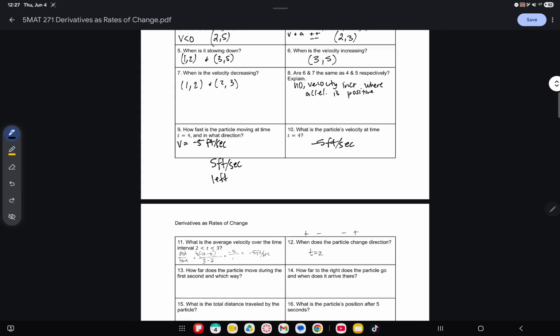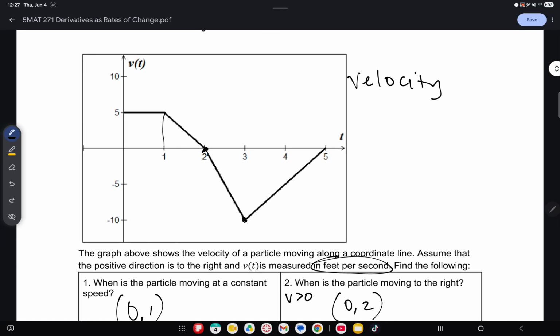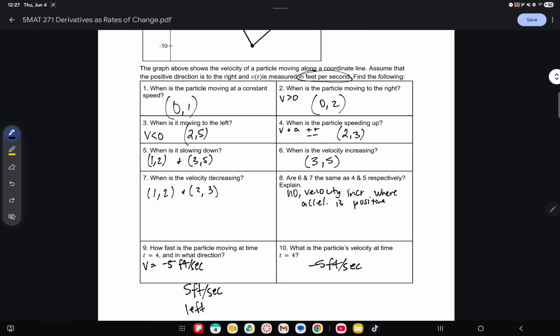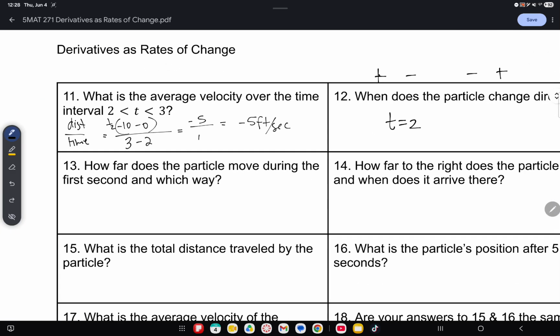It's actually going to be the area of that piece of the function. And the area of that is, let's see, 1 by 5. So that's going to be 5, and it's positive. So 5 feet. Since it's positive, we'll say to the right.